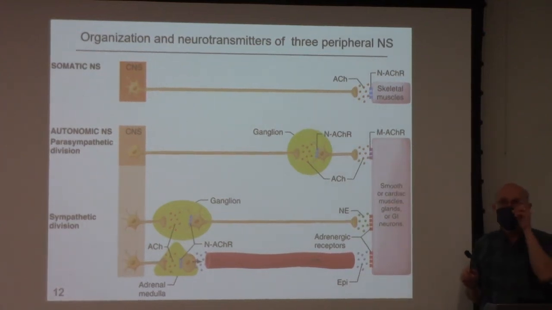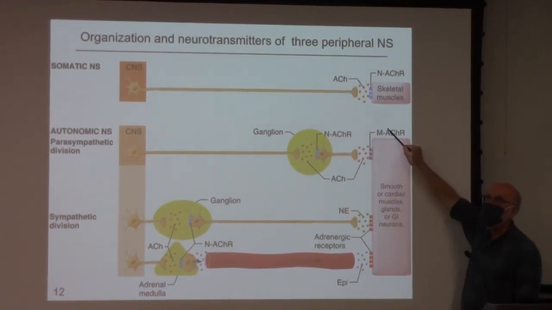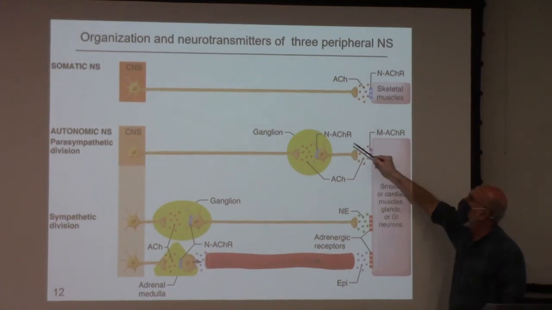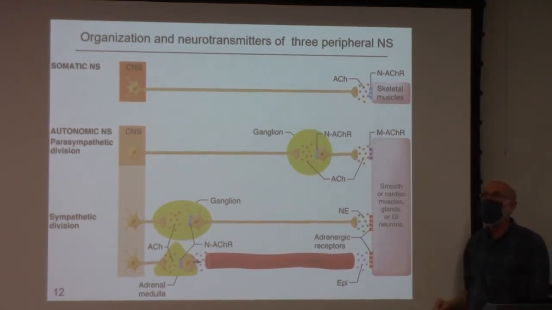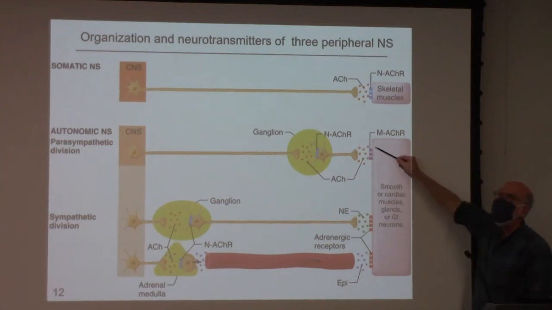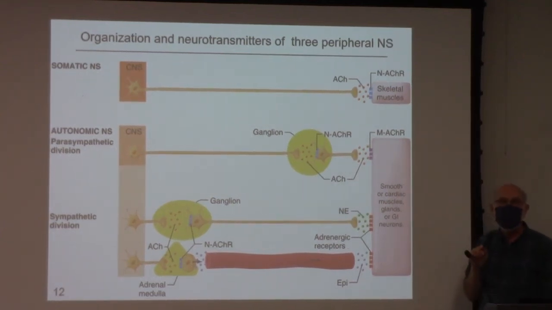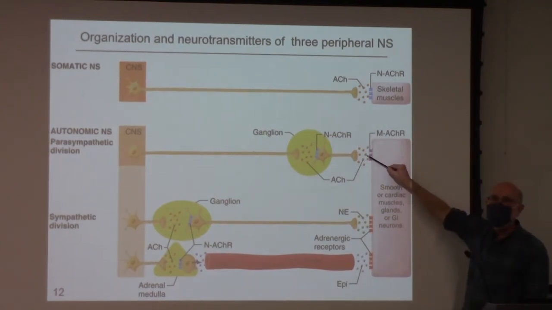But here's the twist. The target in the parasympathetic nervous system is a muscarinic, not a nicotinic, receptor, muscarinic receptors that are coupled mostly to Gi. Inhibitory. So this is typically, not always, but typically an inhibitory synapse.